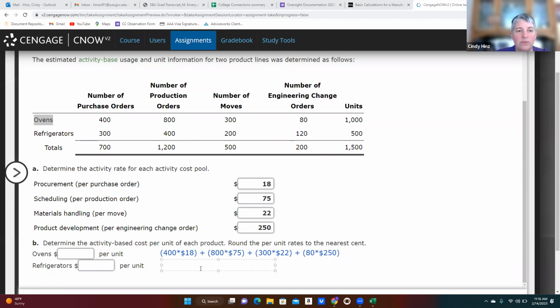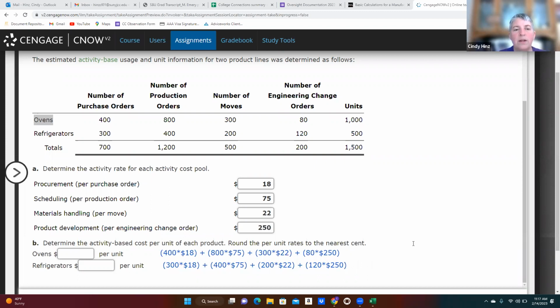And we can assign cost to refrigerators. The next line, 300 purchase orders for refrigerators at $18 each. 400 production orders at $75 each. 200 moves at $22 each, and 120 engineering change orders, and those are the most expensive item at $250 each.